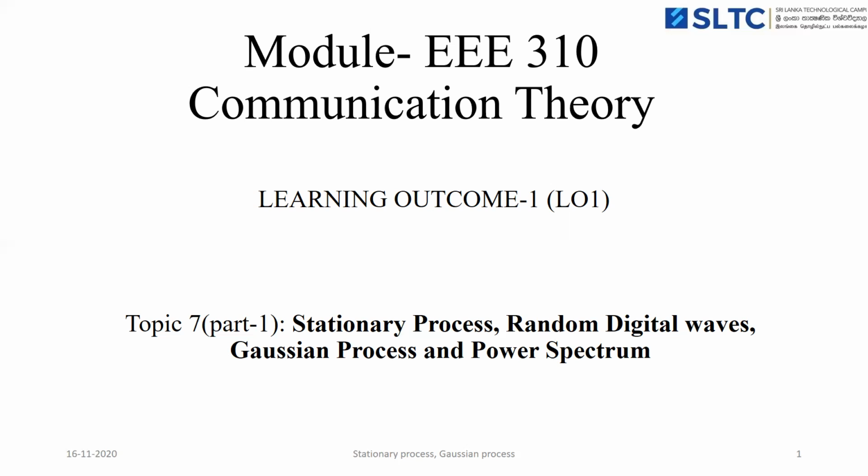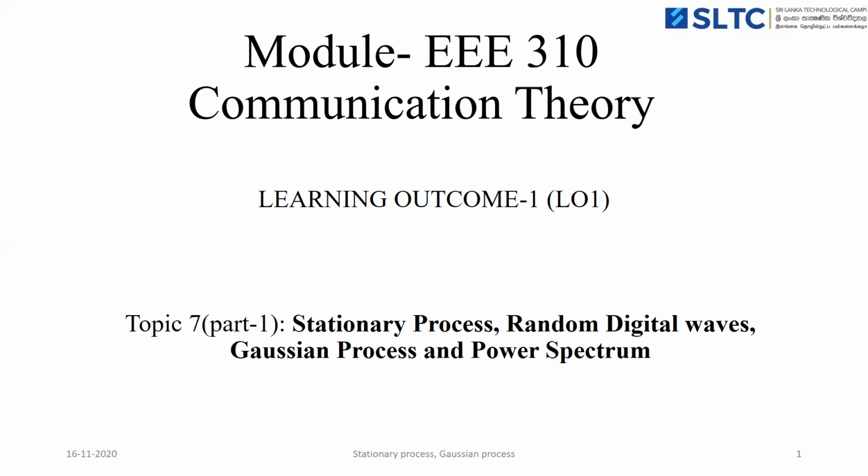We can check the condition for the ergodic process by checking the mean value and the mean square value of the given random process. If these two parameters are constant, then that process is an ergodic random process.